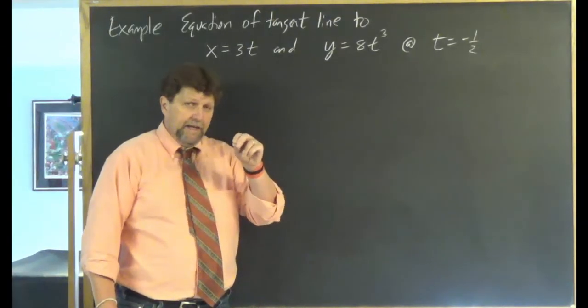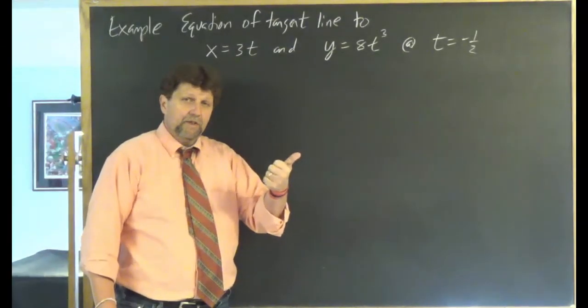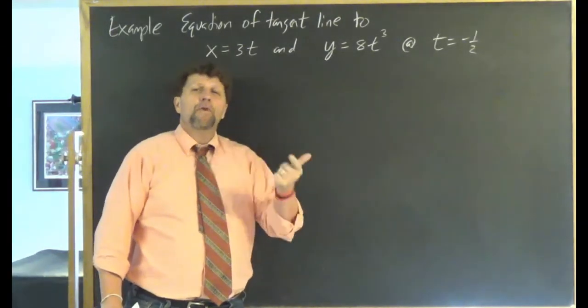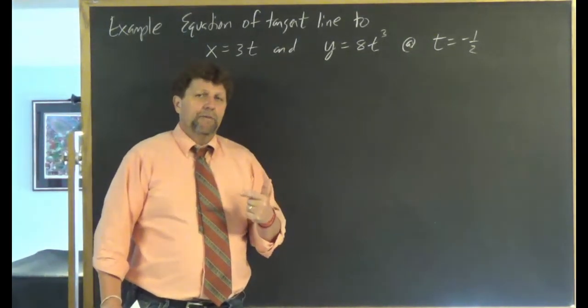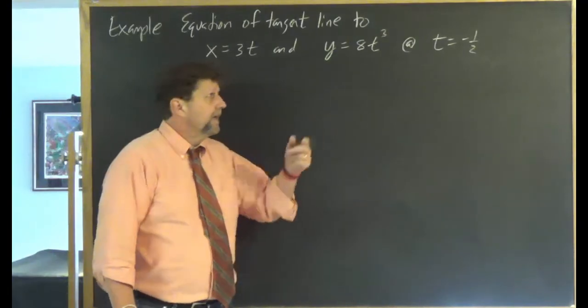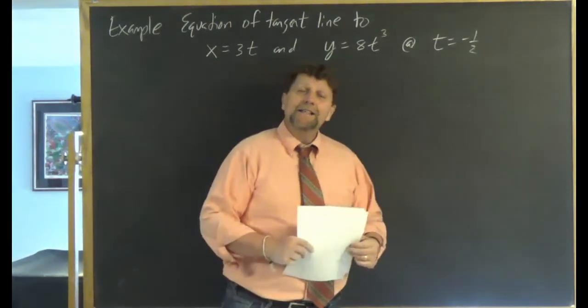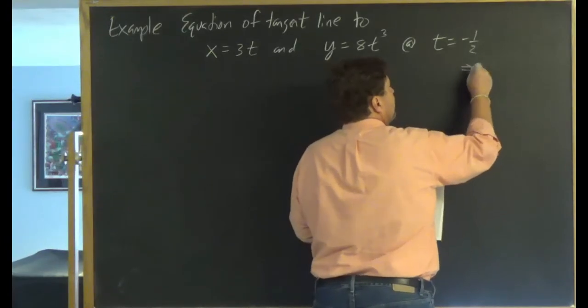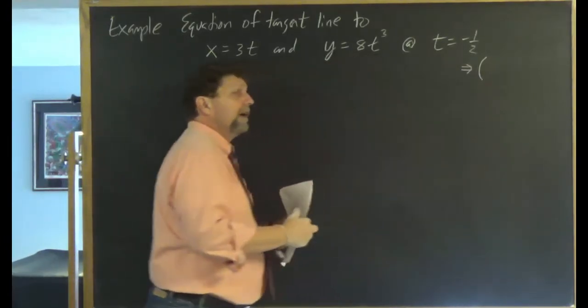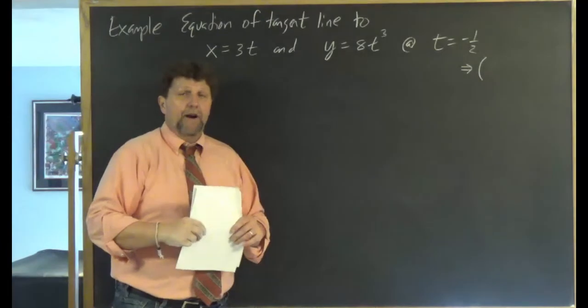In order to get the tangent line, we need to know the slope of the tangent line, and we need to know the point of tangency. That's actually the first thing I determine, the point of tangency. Since I am told t is -1/2, that tells me exactly what point we are at.